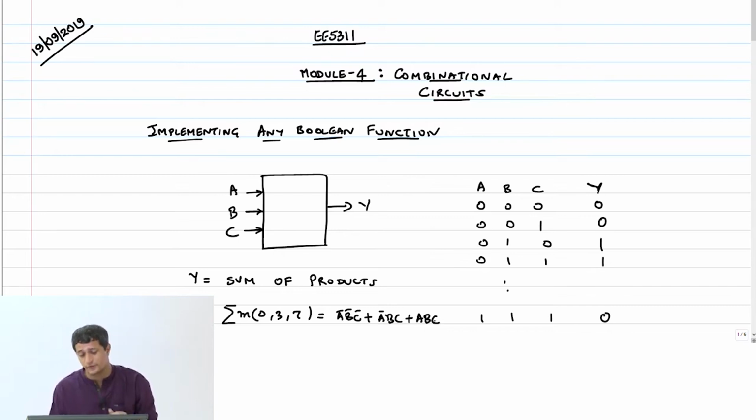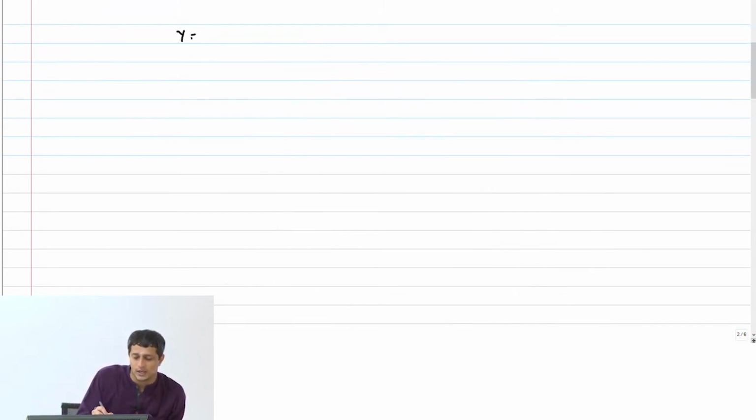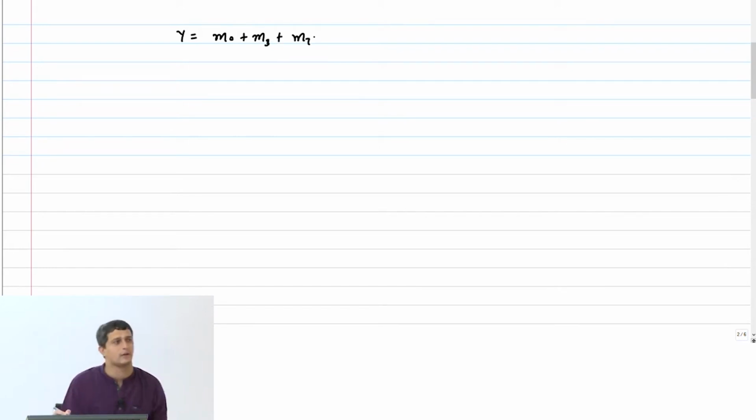Okay. Of course, you can simplify this by combining the A plus A bar and make it 1 and all that. But let's not get into that. Let's assume that you have simplified this whole thing and then you have some expression that you want to implement. So what does this sum of products mean, right? I have a min term 0 plus min term maybe 3 plus a min term 7. Each min term is a product of the inputs. Like here it is A bar, B bar, C bar, right?